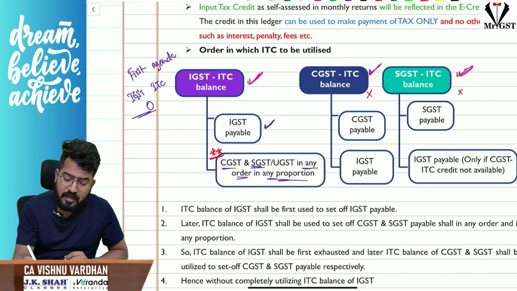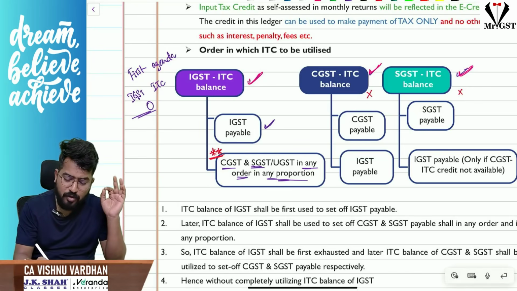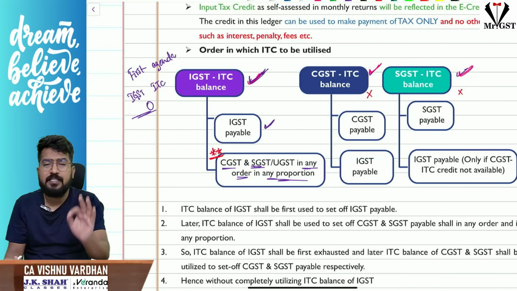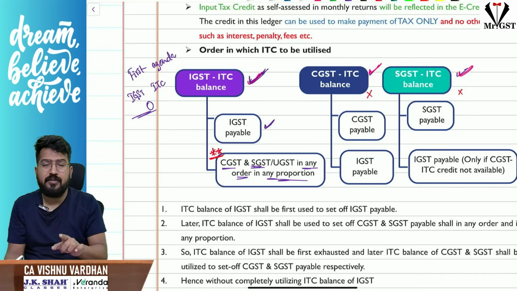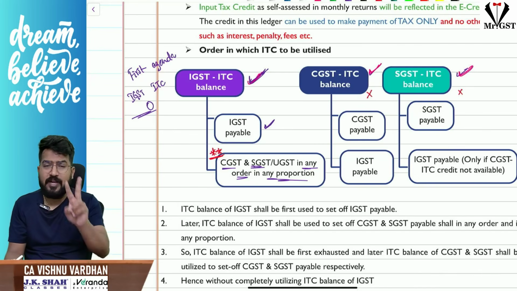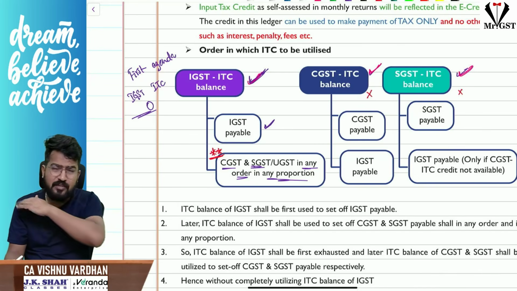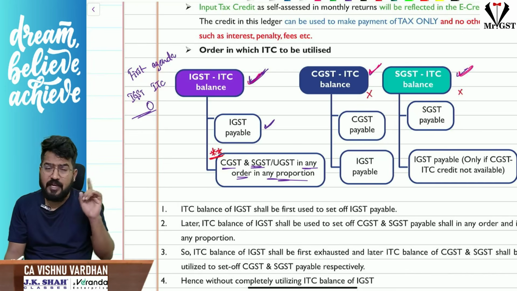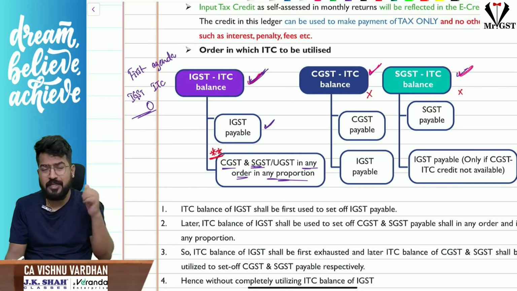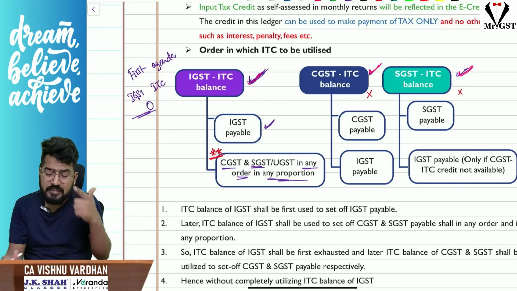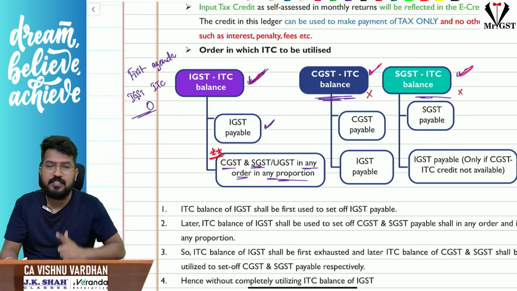Understand, in the answer, if you listen carefully, this is one common mistake you make. IGST ITC balance carry forward should not come. If at all it is coming, your answer is still right, provided there are two things. One is all the liability should have become 0. If you get IGST ITC carry forward in the answer, that means all the liabilities became 0, and you have not utilized CGST, SGST balances.